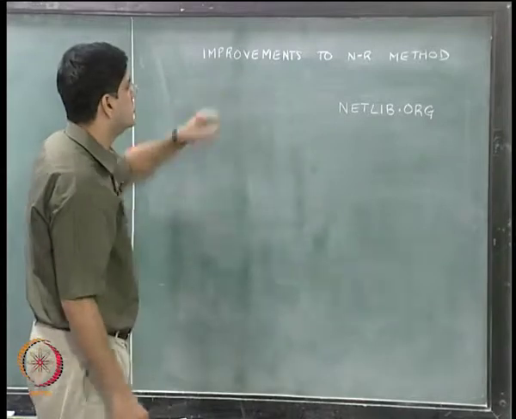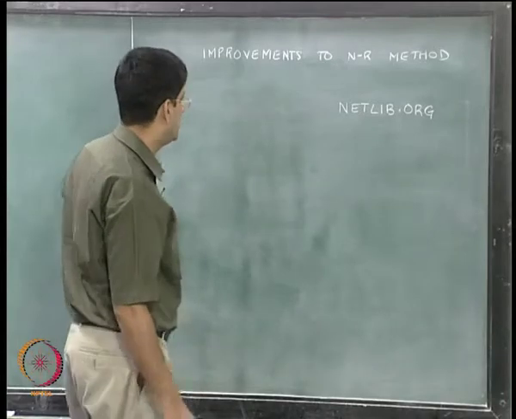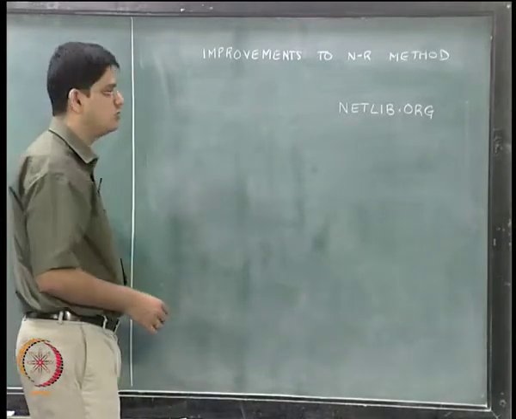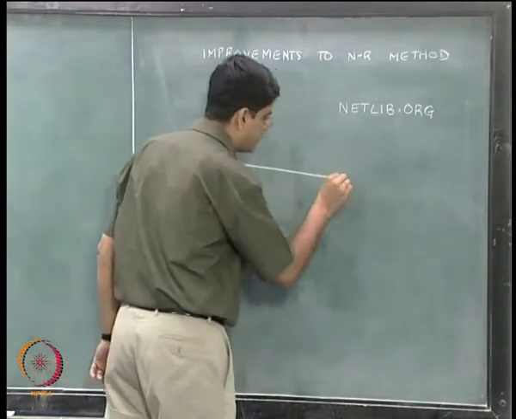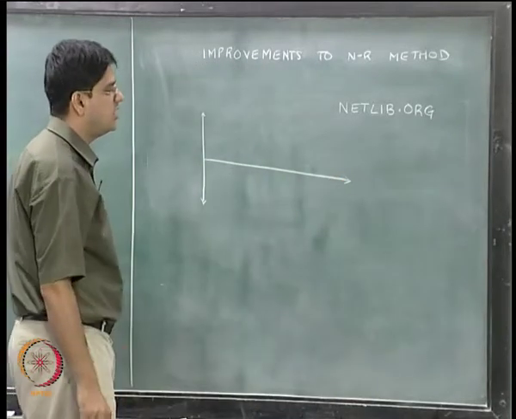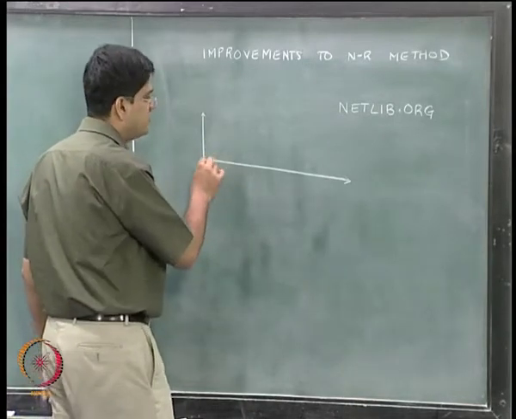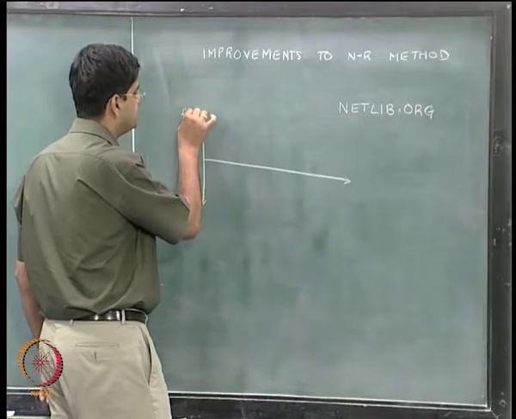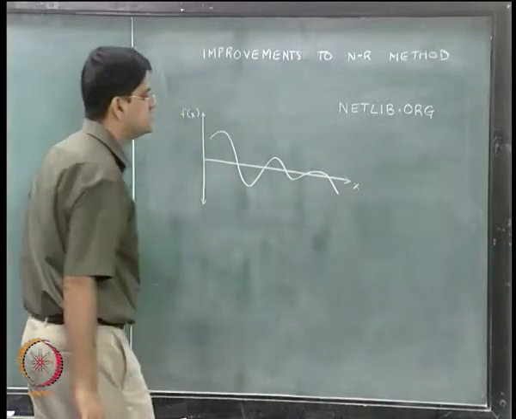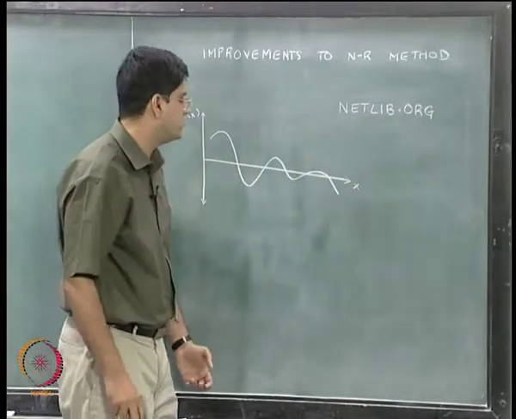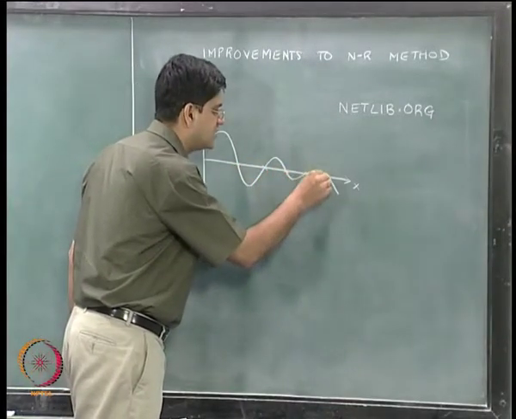Anyway, there are several ways in which people have figured out how to improve the Newton-Raphson method, and each is for a particular set of problems. One of the improvements, by Ralston, is for the following case. Let's say we plot f of x versus x, and arbitrarily this is the kind of curve we get, where f of x intersects the x axis at multiple points.